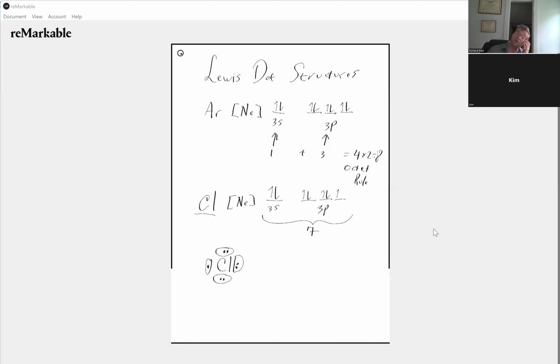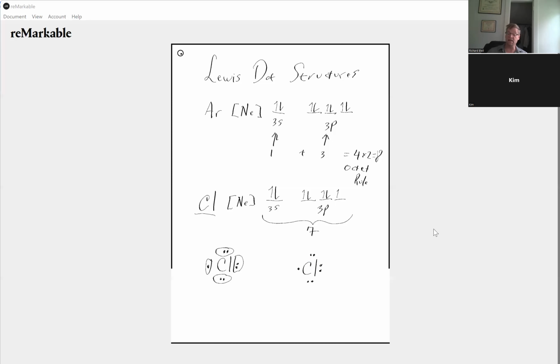Now you don't need to draw these little circles when doing a Lewis dot structure. So the correct Lewis dot structure might look something like this. So this is the actual Lewis dot structure.